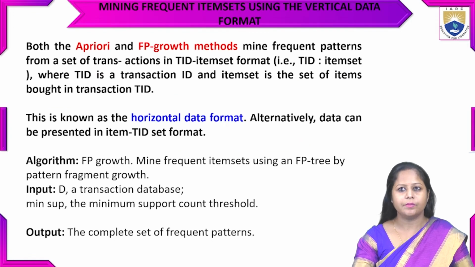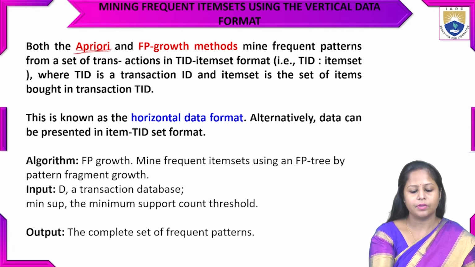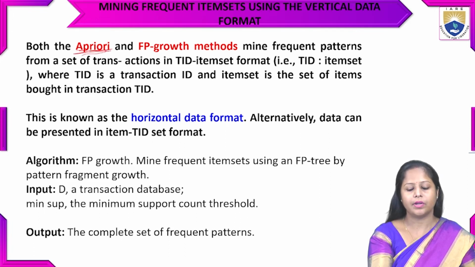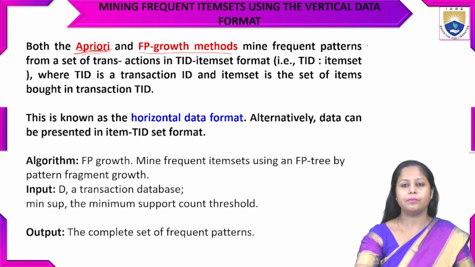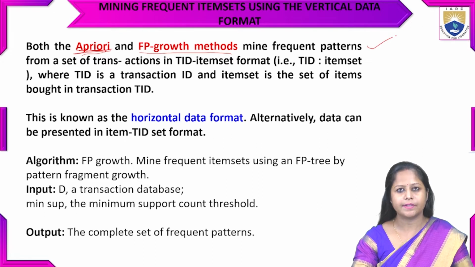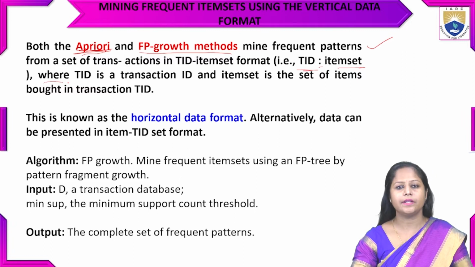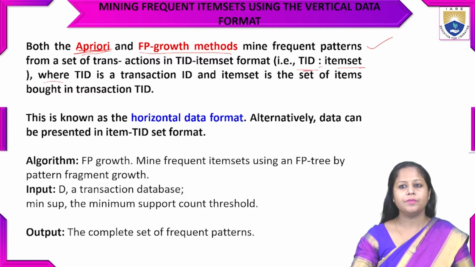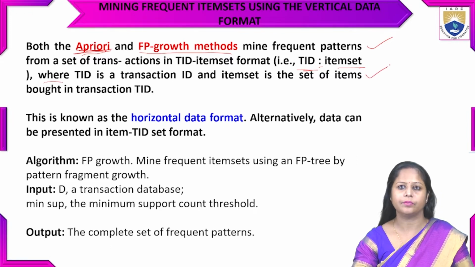Mining frequent items using the vertical data format. In the earlier course we have gone through the Apriori and FP growth methods. Both methods mine frequent patterns from a set of transactions in TID, item set format, where TID is a transaction ID and the item set is the set of items bought in transaction TID.